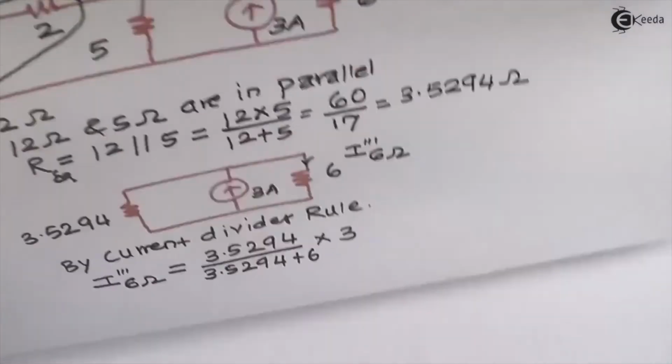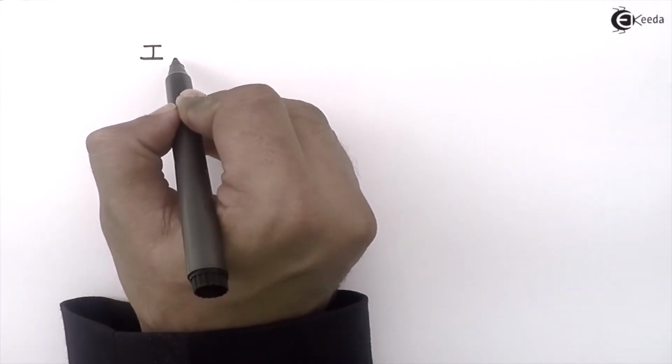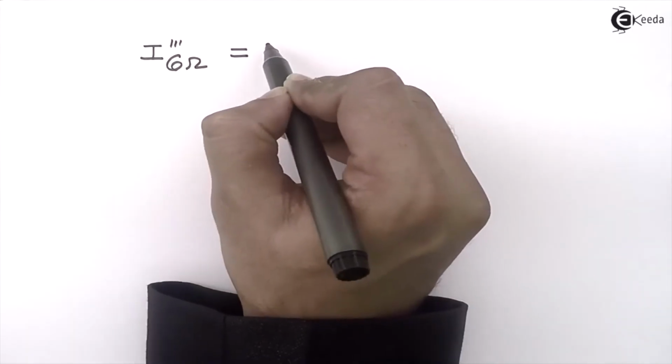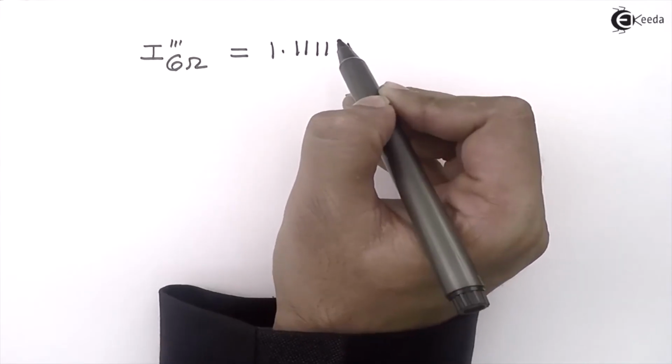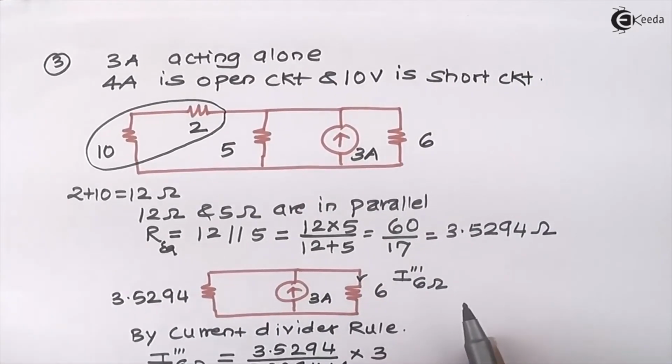If I solve this, I will get the current flowing through the 6 ohm resistance equal to 1.1111 ampere, and the direction of current I will get as downward.